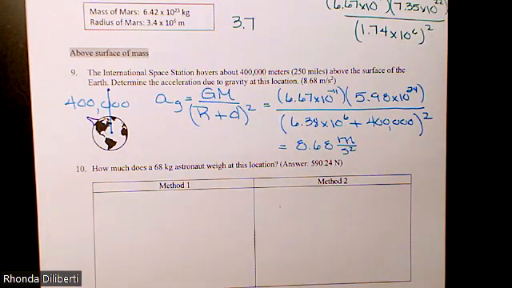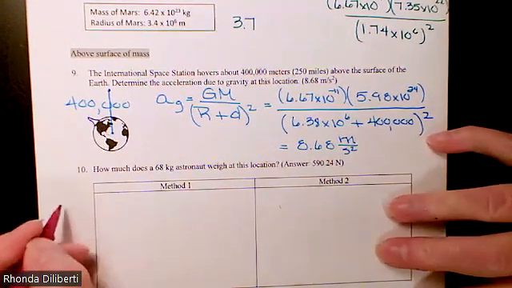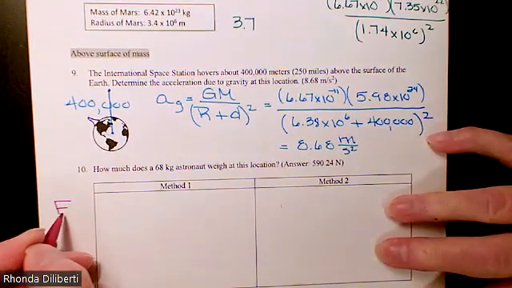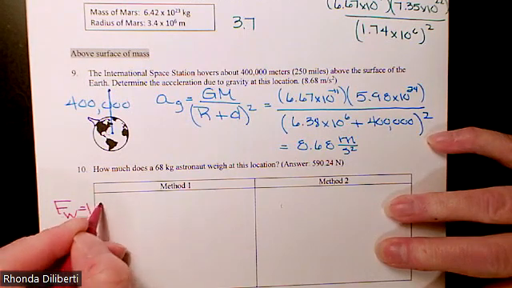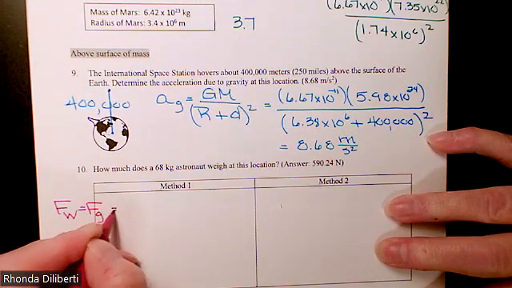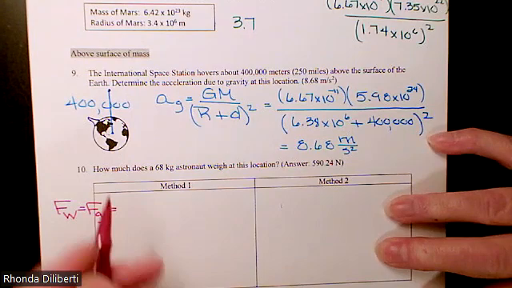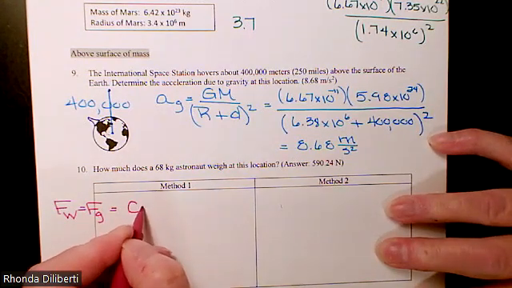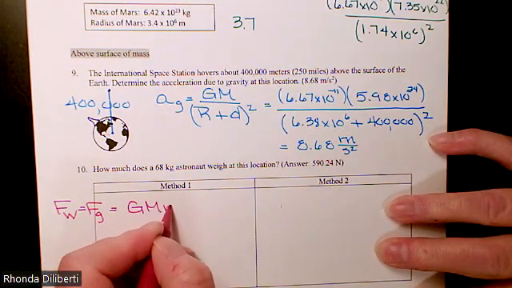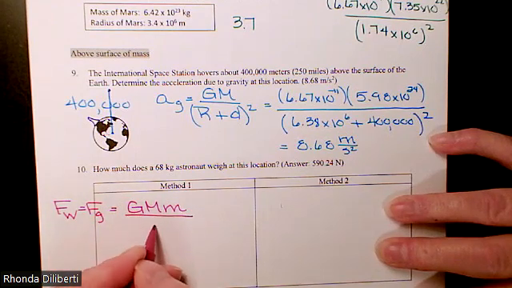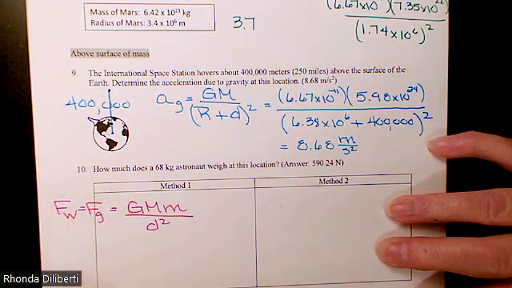There are two ways that you could approach this. One thing you could do is say the weight of something is equal to the gravitational force of attraction to the Earth. That would be G, the mass of the Earth, the mass of the astronaut, divided by the distance between them squared.